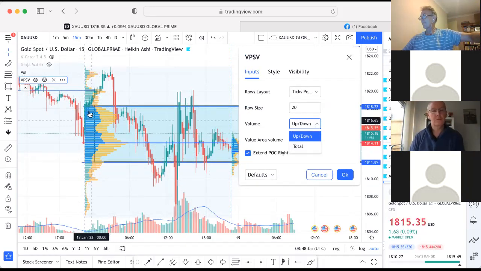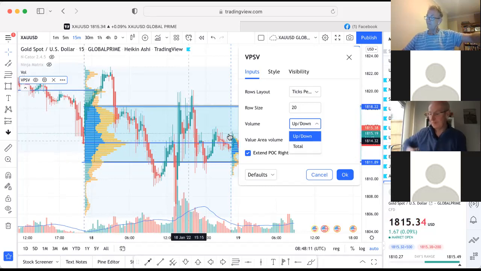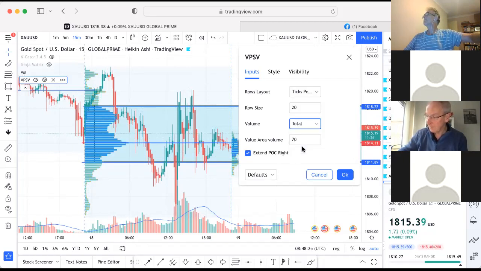So what that means is this is the volume of buyers, and this is the volume of sellers. For what we're trying to achieve on the V70 strategy, we're really not that bothered about how the total volume is broken down into buyers and sellers. So if you wish, you can go to total volume.